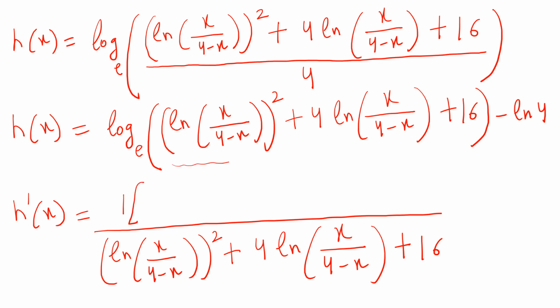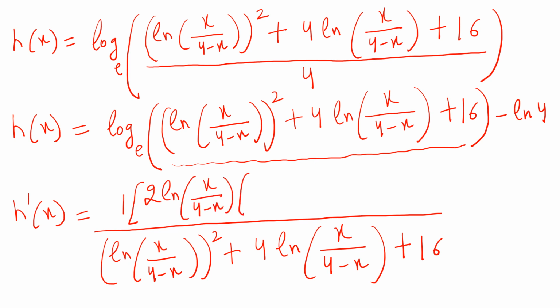Now students, we have to differentiate this function that is coming inside the main logarithmic function. So its derivative becomes 2 times log natural of x upon (4 minus x) into inside the bracket.